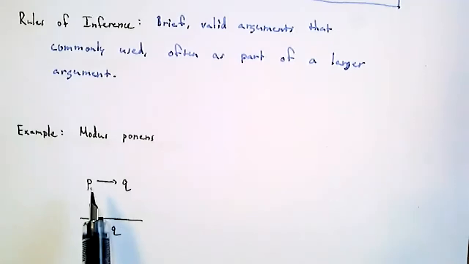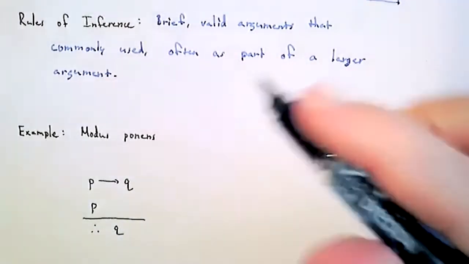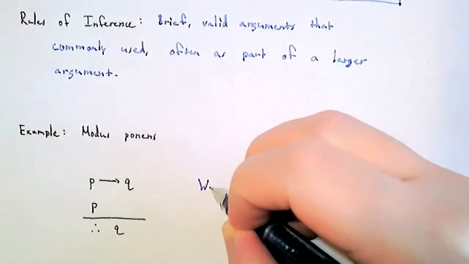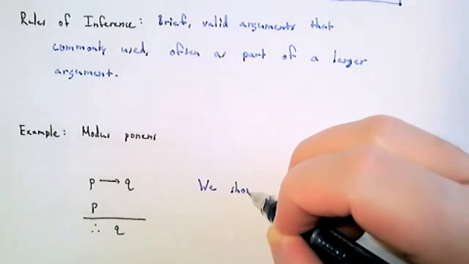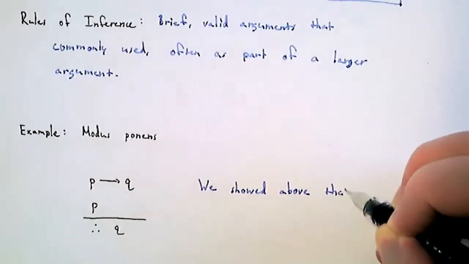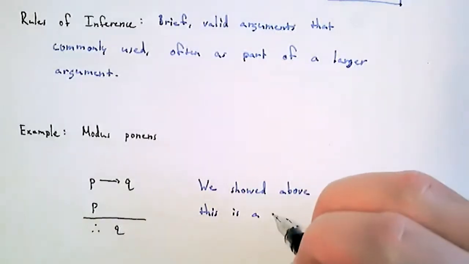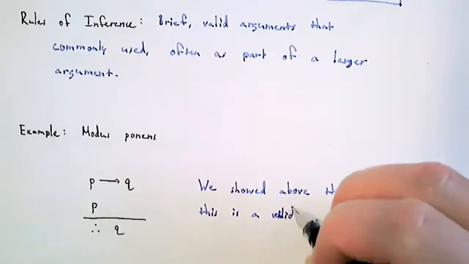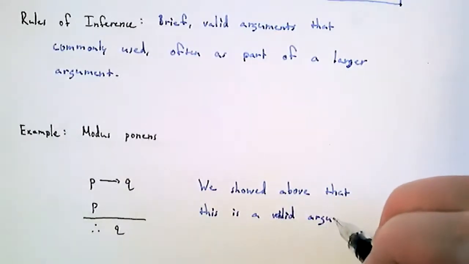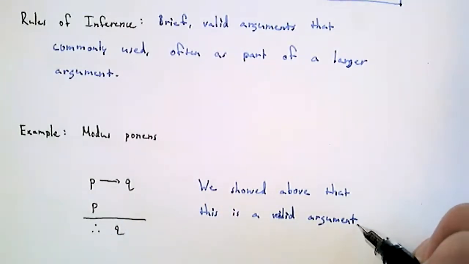The argument says, if P then Q, P, therefore Q. And we actually already showed that this one is valid. So every time you see this structure used, it's always going to give you a valid argument.